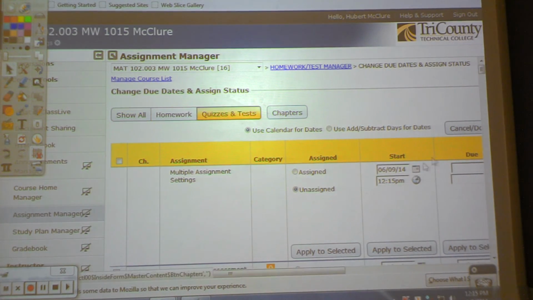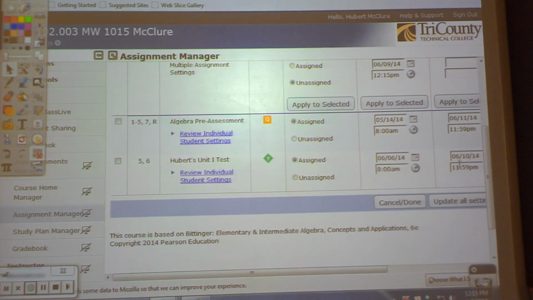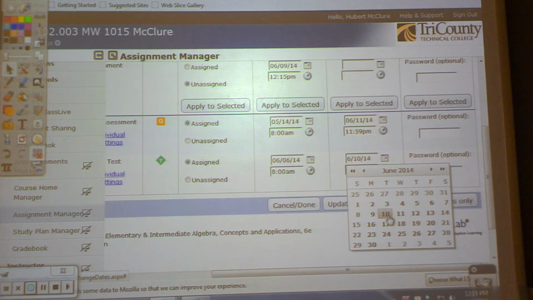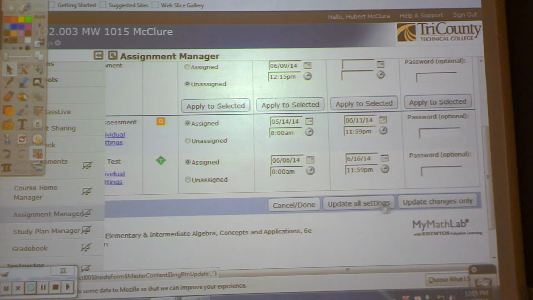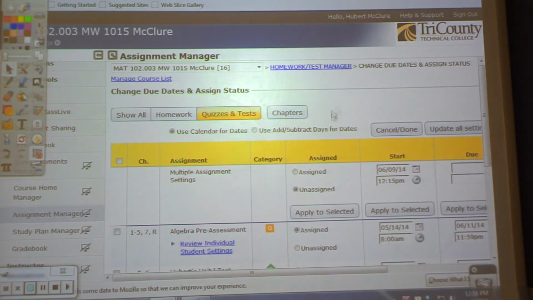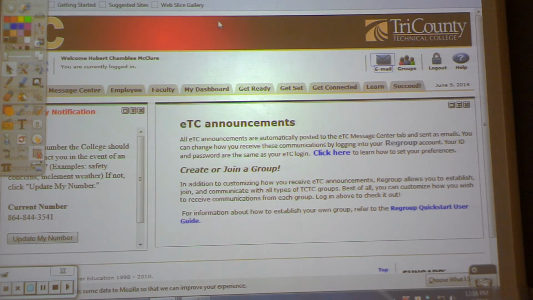Now, the test, I have y'all due right now on the 10th, which is Tuesday, so I'm going to set it for the 16th. Okay? So all that homework has to be done by Wednesday. Well, it should have already been done.